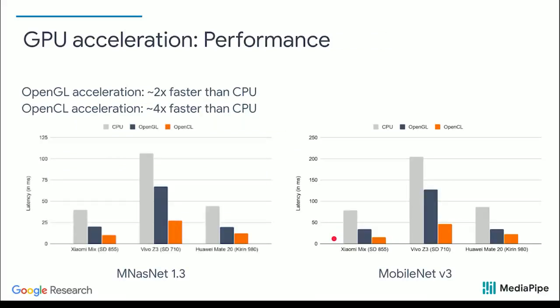We leverage two graphics standards, OpenGL as well as OpenCL. OpenGL is roughly twice as fast as the CPU. OpenCL, more recent, which we just unveiled this year, is 4 times faster than the CPU, and that speedup is fairly consistent across devices and recent model architectures like MNasNet or MobileNet v3.